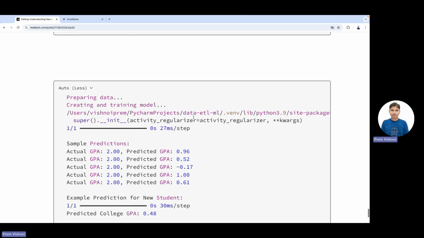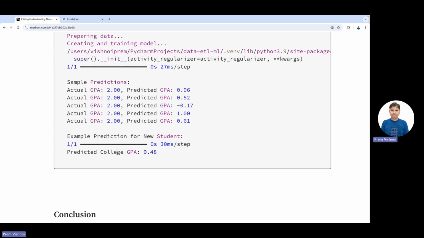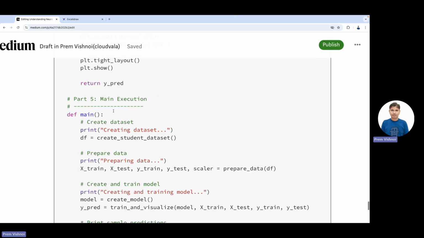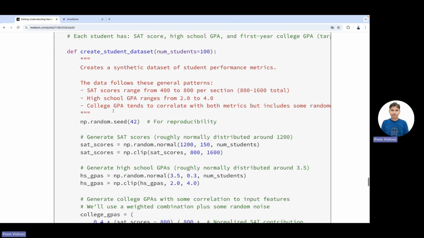Actual GPA is 2, predicted 0.2. Actual GPA 2, predicted a negative value, so I think there is some problem here. We need to see the predicted college GPA, which is 0.48, and the GPA we are expecting.